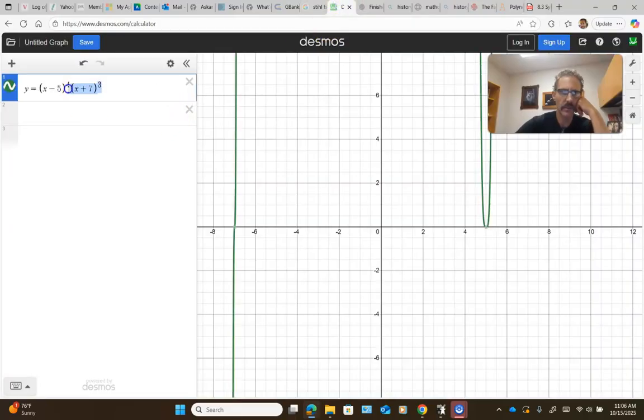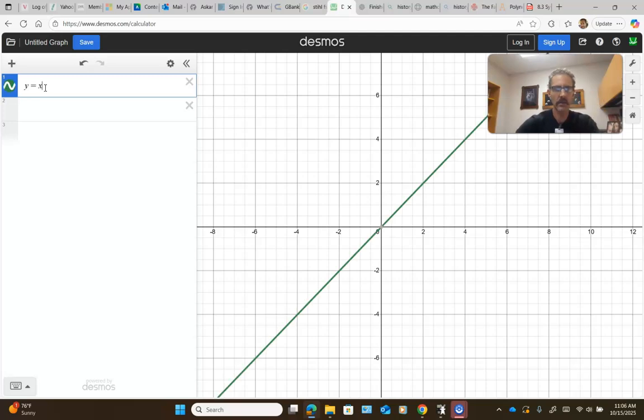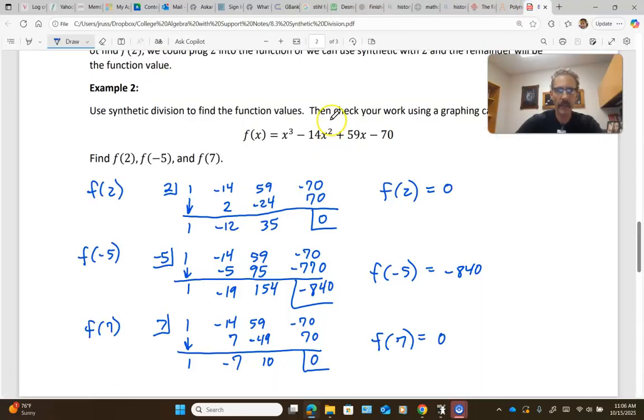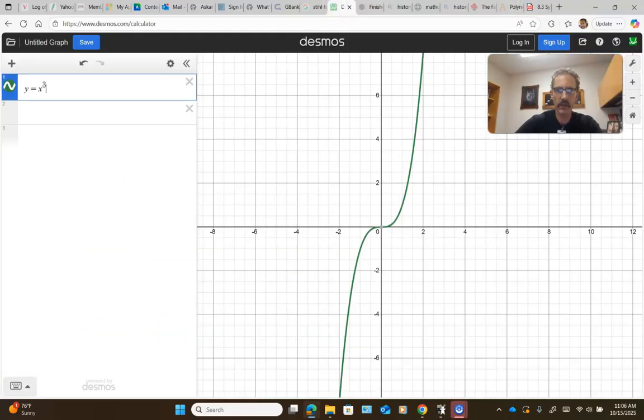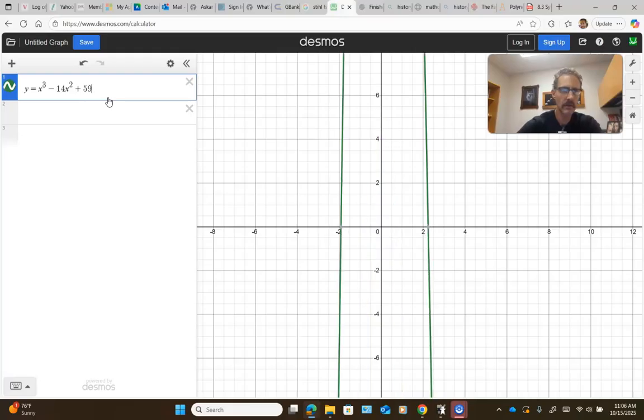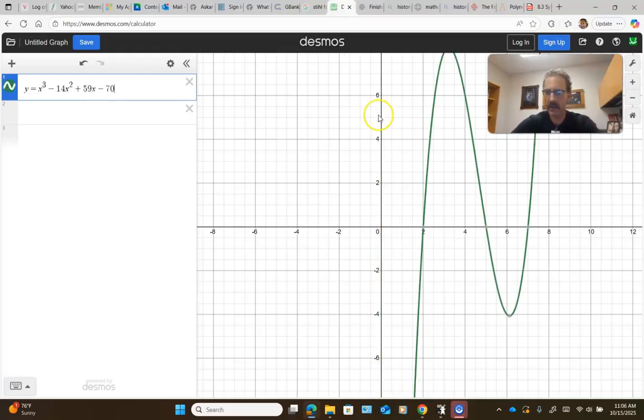x cubed minus 14x squared plus 59x minus 70. Okay. And look, guys, this verifies. Where do we see the function cross or touch the x-axis?